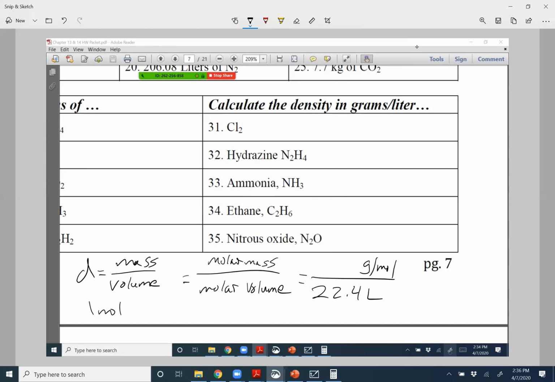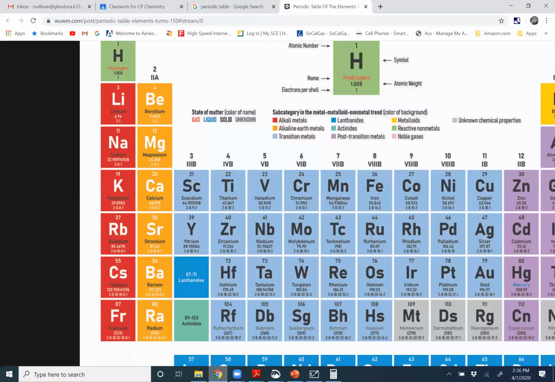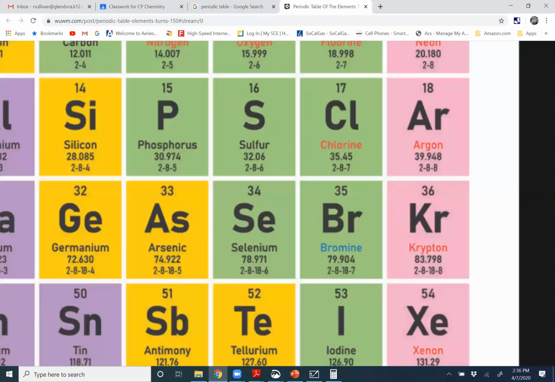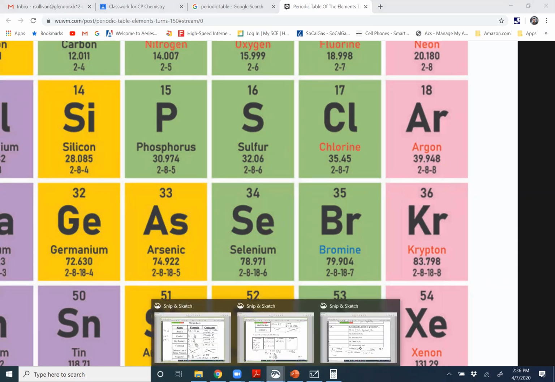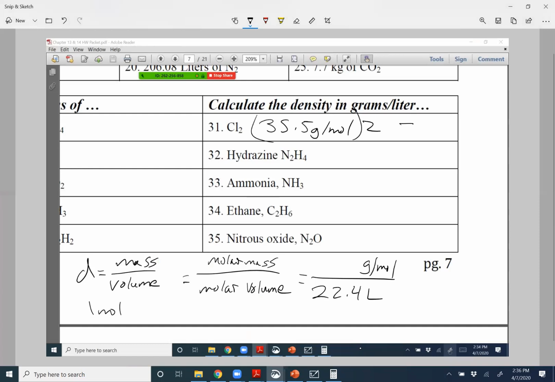In the case of chlorine, chlorine is 35.5 grams per mole times 2. You can see that right there. It says 35.45, but we're going to round that up to 35.5. So that gives us 71 grams per mole.